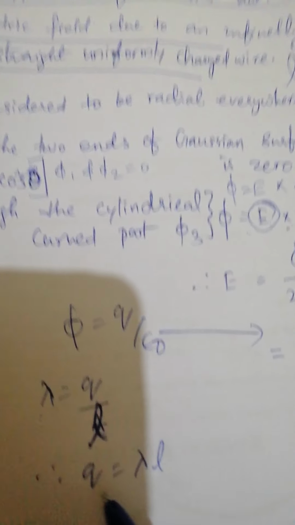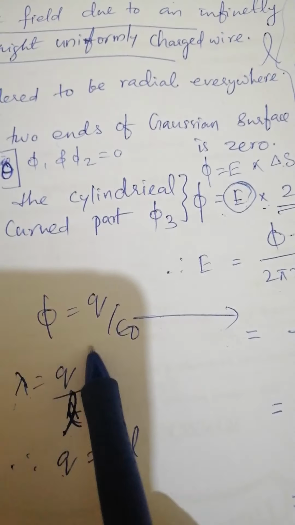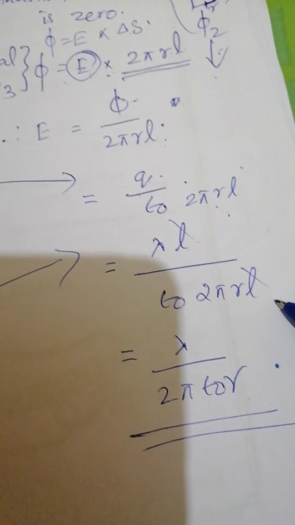So Q is equal to lambda into L. Putting this Q value here, we get lambda into L divided by epsilon 0 into 2 pi RL, which is equal to lambda divided by 2 pi epsilon 0 R. L and L get cancelled.